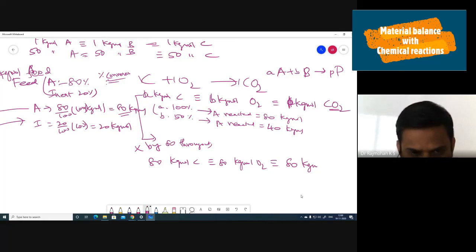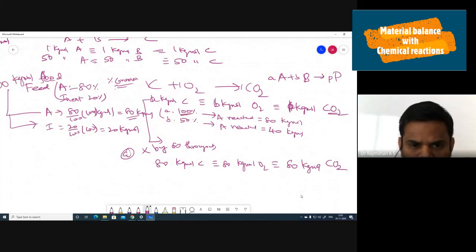Here it is simple because we are considering a simple example of combustion of coal, C plus O2 giving CO2. So we have 80 kg mole of carbon reacts with 80 kg mole of oxygen to form 80 kg mole of CO2. That is the answer when it is 100% conversion.